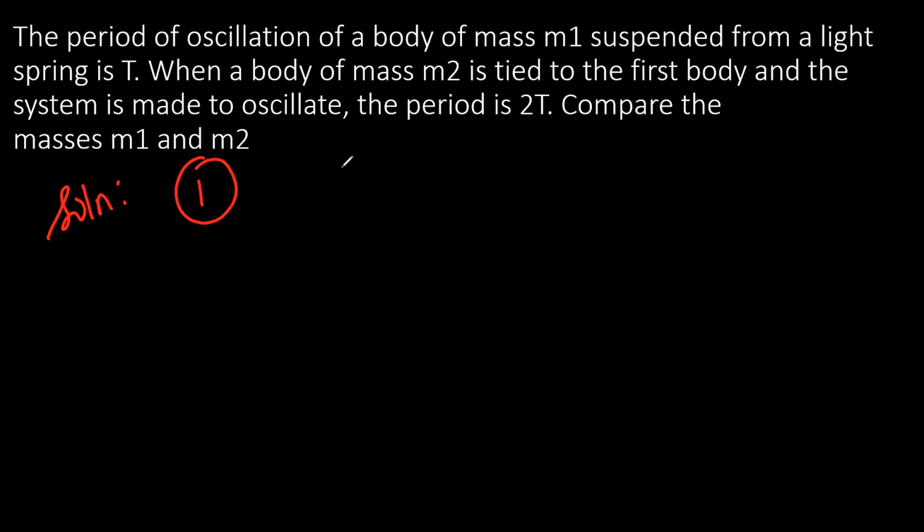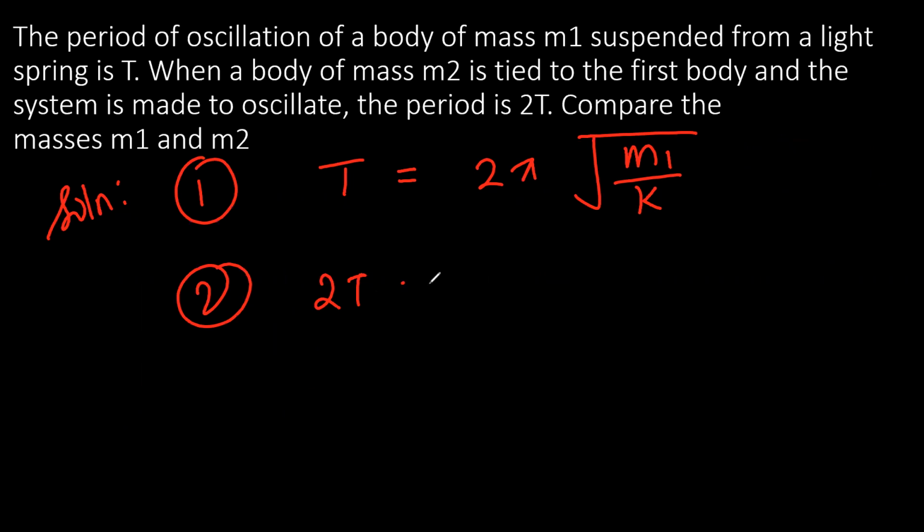See, in the first case, we know the formula T is equal to 2 pi root of m by k. So in the first case, this will become m1. In the second case, this will become 2T equals 2 pi square root of m1 plus m2 divided by k. So if you divide both, what will happen?